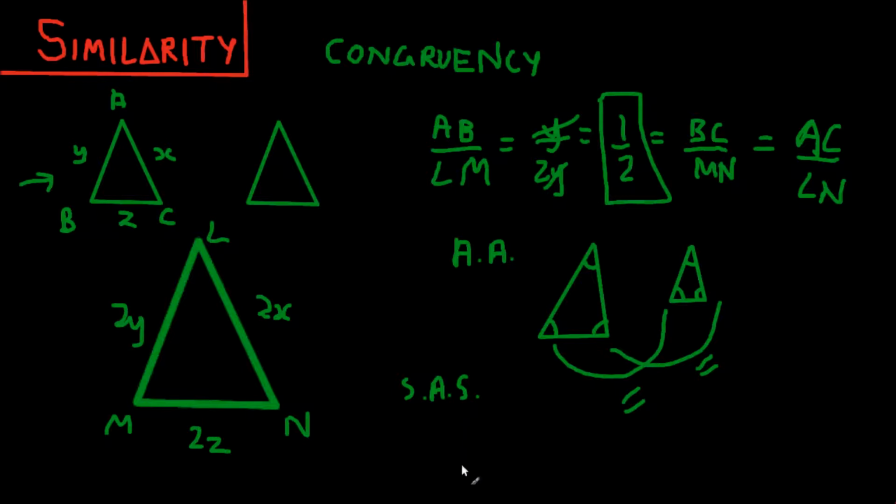So let's take another pair of triangles. So if you can prove that any two sides, let's take these two for example, two pairs of sides are proportional, not equal, but proportional.